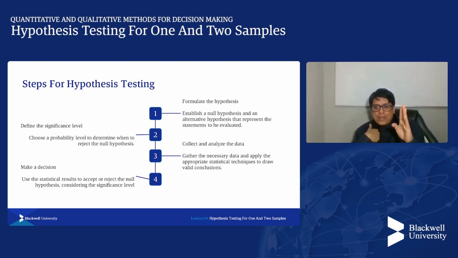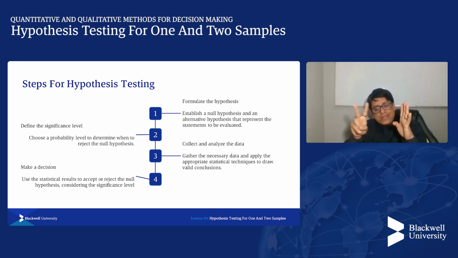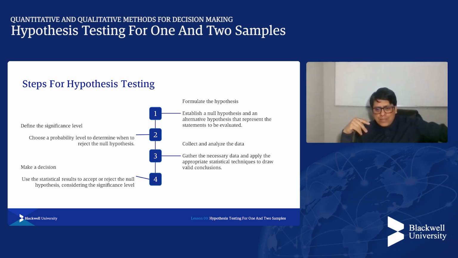There is a probability of rejecting the null hypothesis even though it is true. What is the probability we are willing to accept? 5%. But if the p-value is 2%, we are happy because we want a maximum of 5%. And since the p-value is 2%, we confidently reject the null hypothesis and accept the alternative hypothesis.